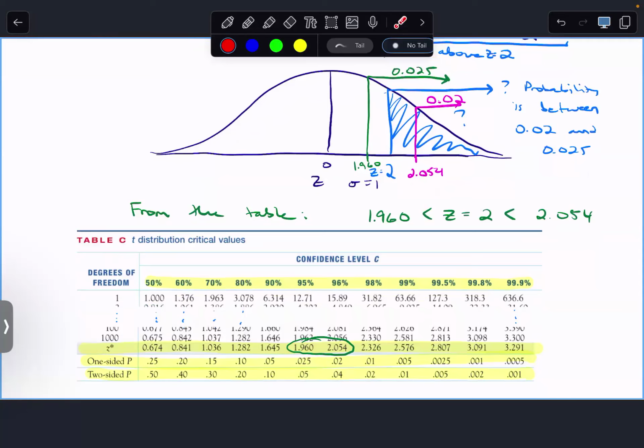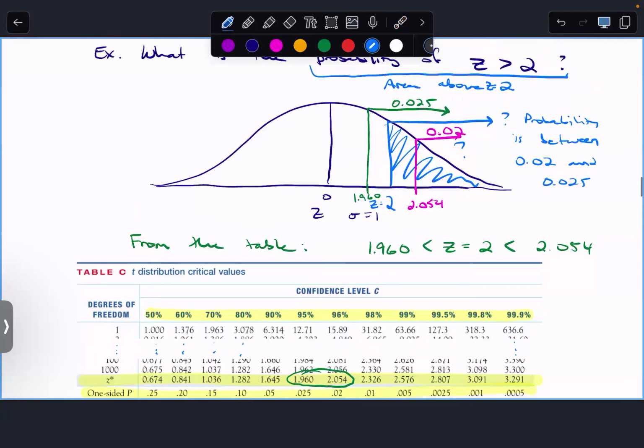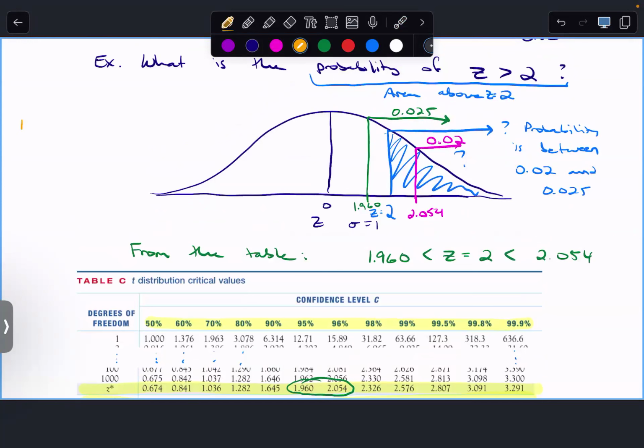One thing about software though, should we just see what the actual probability is? I'll walk you through it. But a note on Excel: Excel only returns the area to the left.